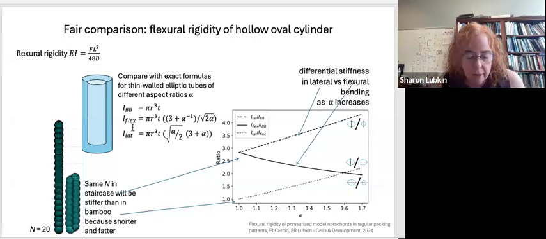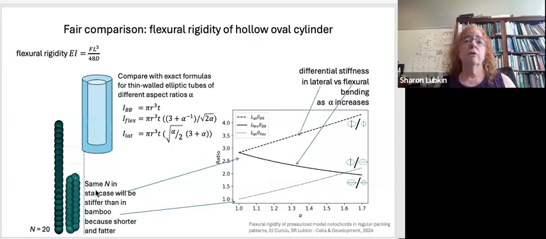So dorsoventral bending and lateral bending will have different moments of inertia, different flexural rigidities, for the comparison system of just a hollow cylindrical oval tube.